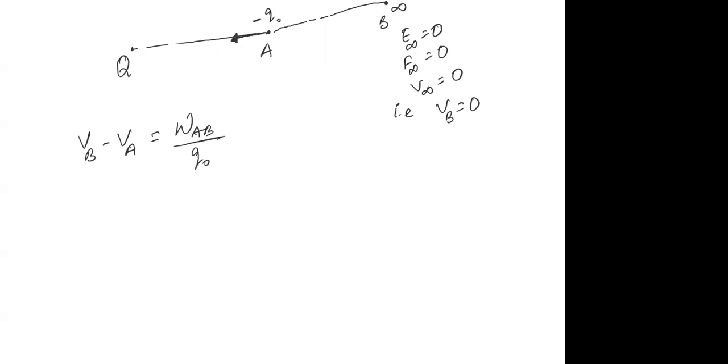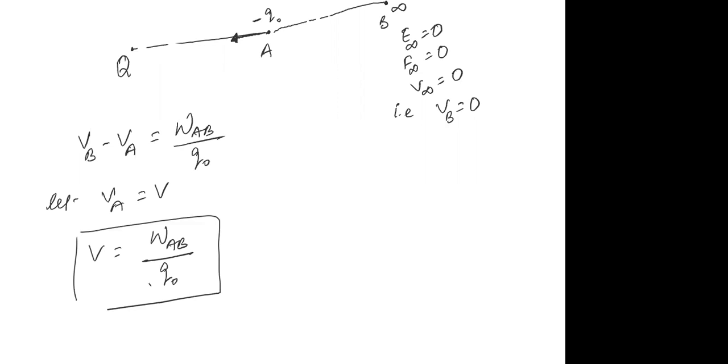So VB minus VA, and let VA simply be equal to V. So can I write this as V is equal to, sorry, work done in taking the charge from A to B divided by the charge itself. And remember, charge is also negative and V is also negative, so the two negative signs will cancel out, and finally you will get V as equal to WAB divided by Q naught.